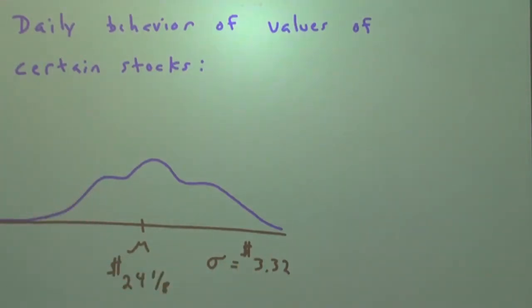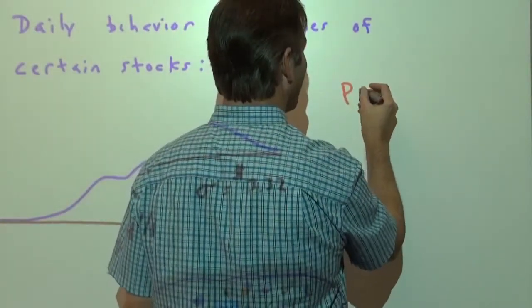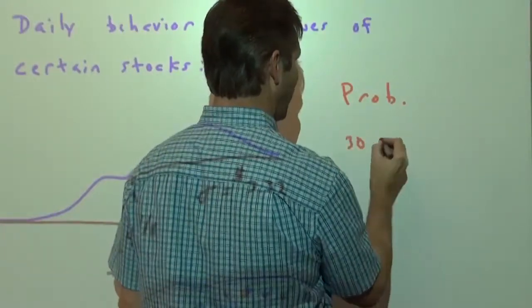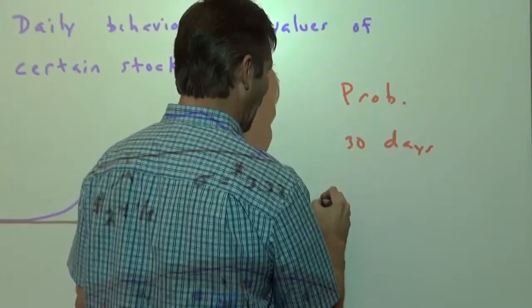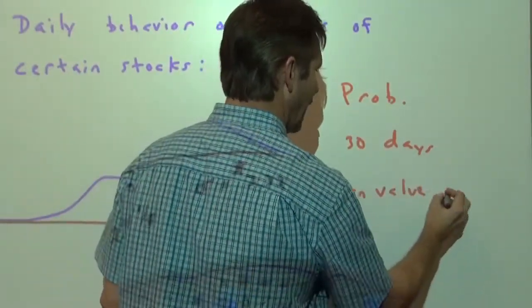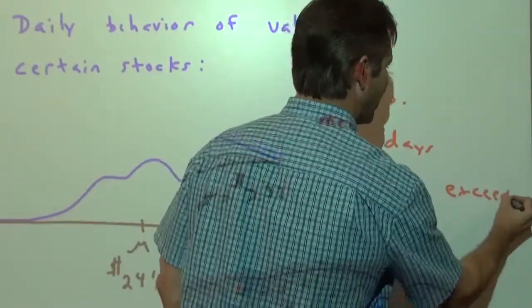However, it's not normally distributed. It's a little skewed to the left. It's kind of multimodal. It's kind of bizarre. And we'd like to know something like, what's the probability that after 30 days, our mean value for those 30 days would exceed $25 a share?